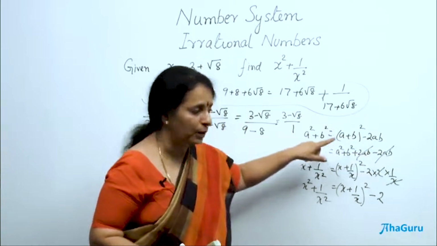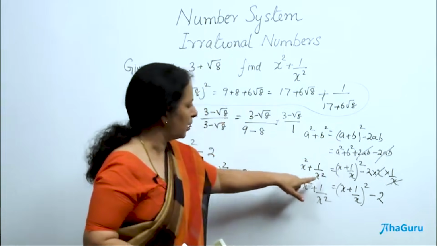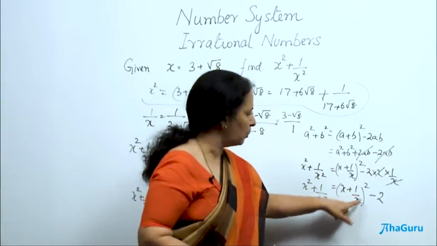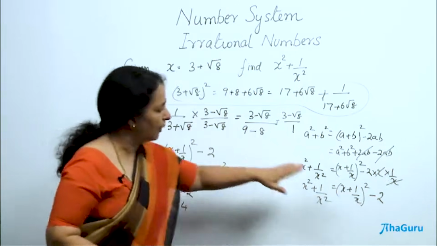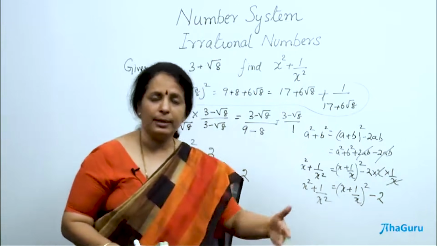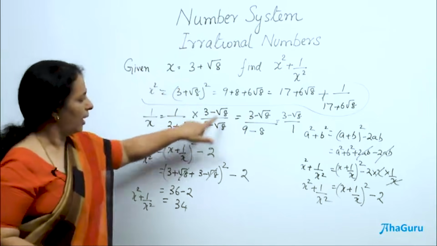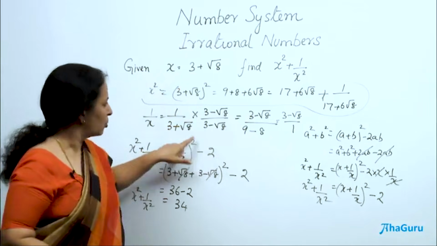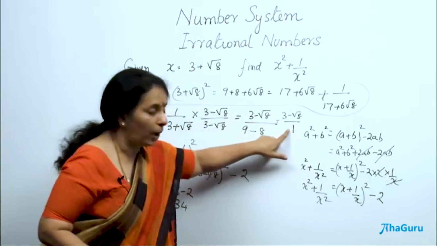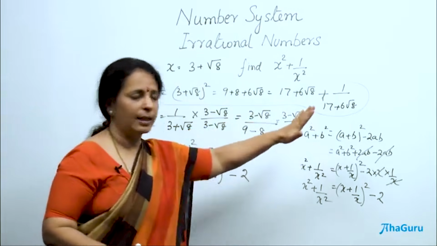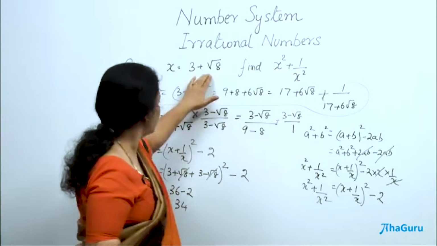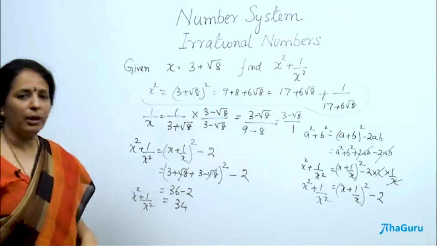We have also proved it. So similarly, x square plus 1 by x square is nothing but x plus 1 by x whole square minus 2. You know the value of x. When you put 1 by x, it becomes an irrational number in the denominator, as here I have multiplied with the conjugate. So I got an irrational number with 1 in the denominator, that is rationalized. So this is 1 by x, this is x. Having put here, the answer becomes so simple.